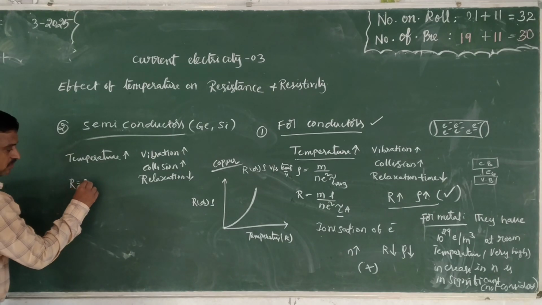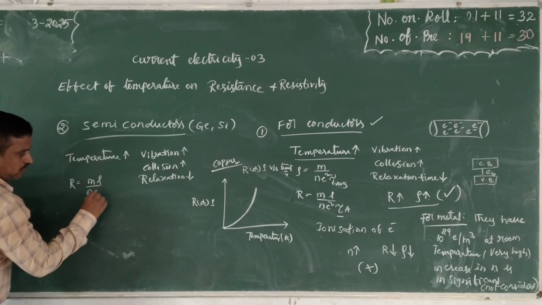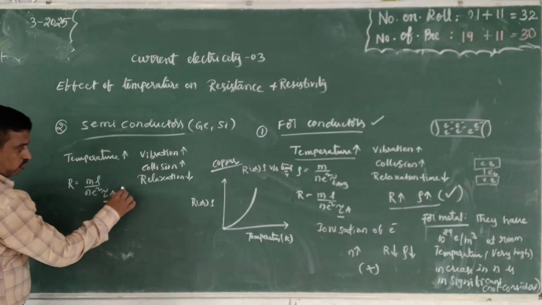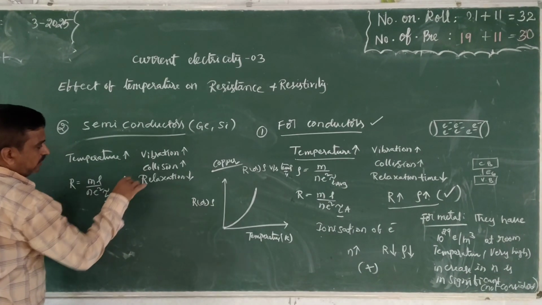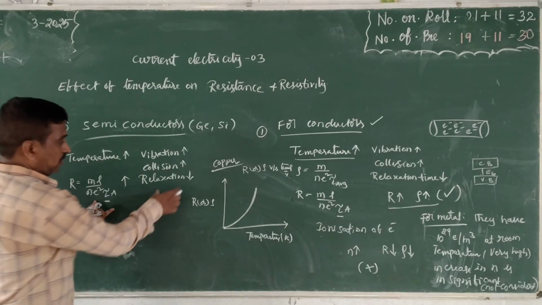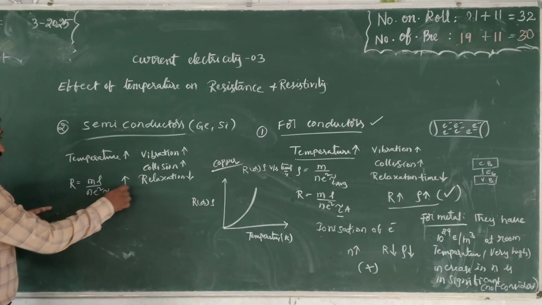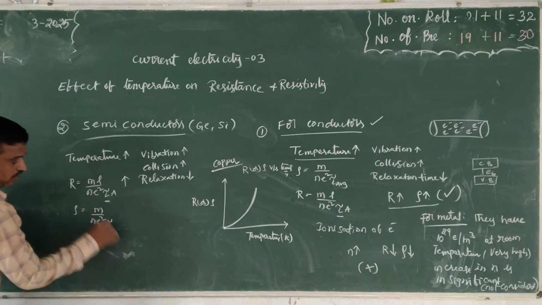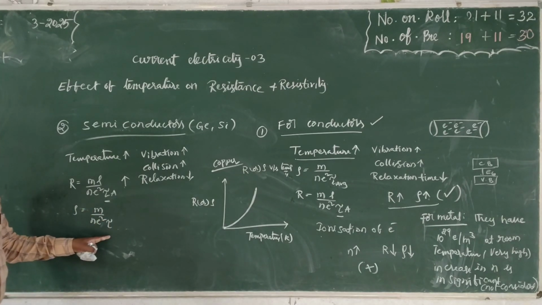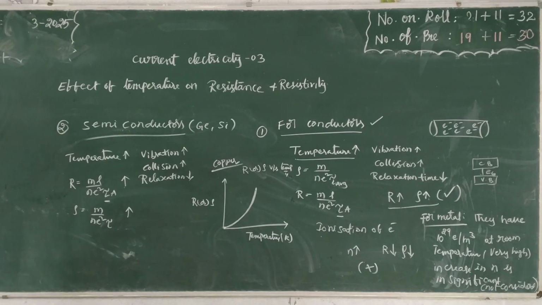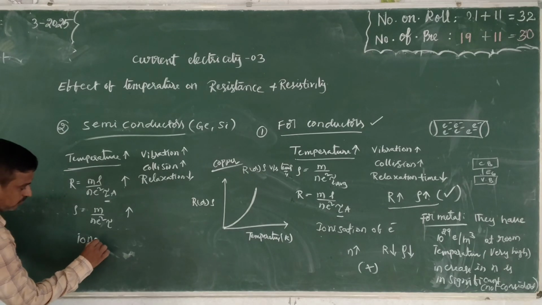What is resistance? m l by n e square tau a. Tau is in the denominator, so as relaxation time decreases, resistance increases. Resistivity is m by n e square tau. Here also tau is in the denominator, and as it decreases, resistivity increases. One more condition is there. What is that? Ionization of electrons.